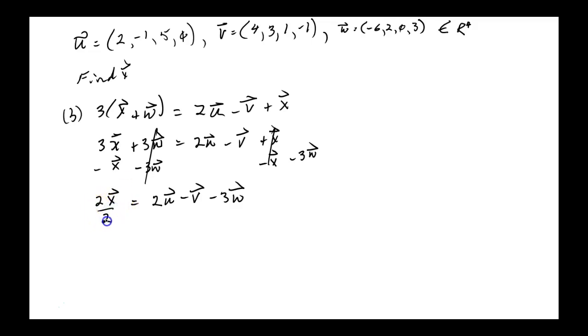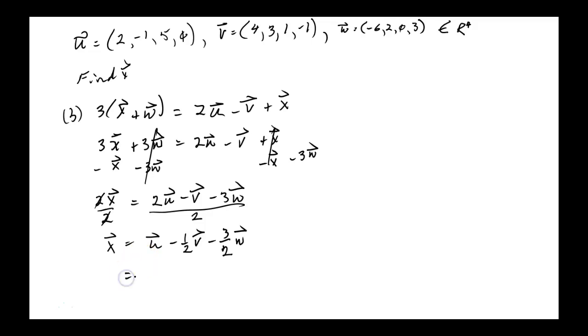So divide this by 2, which is going to be dividing this whole thing by 2. Here the 2 goes out. You get x is equal to, and here you get just u minus 1/2 v minus 3/2 w. Okay? That may be a little messy, but I think we can do it.